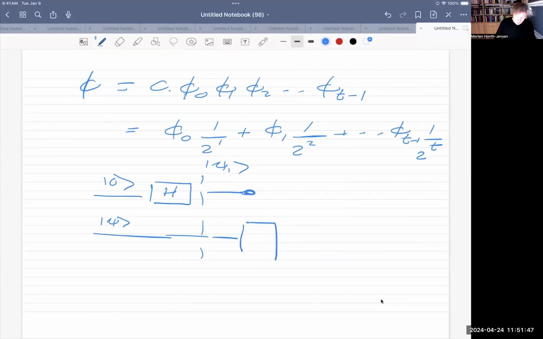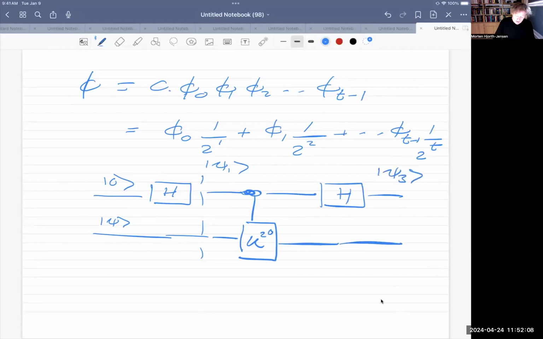And we mark that one with a u, 2 to the power of 0, just to indicate that this is the first phi 0 point. And then we have the controlled operation. And then we continue with the Hadamard gate here. And then we end up with a final state psi of 3. And then we have a state psi of 2 in here. And these are typically the basic operations which we end up doing. Now, to get some kind of feeling of this, let's start with a very simple eigenvalue.